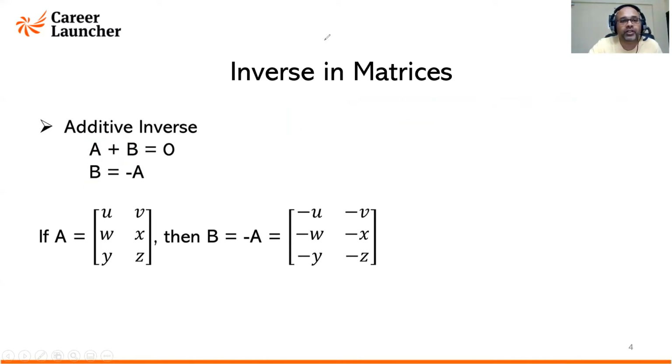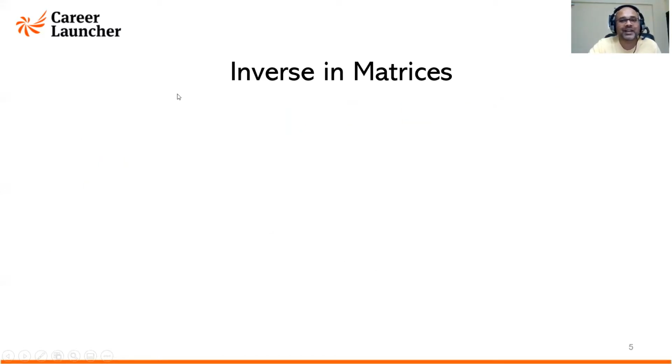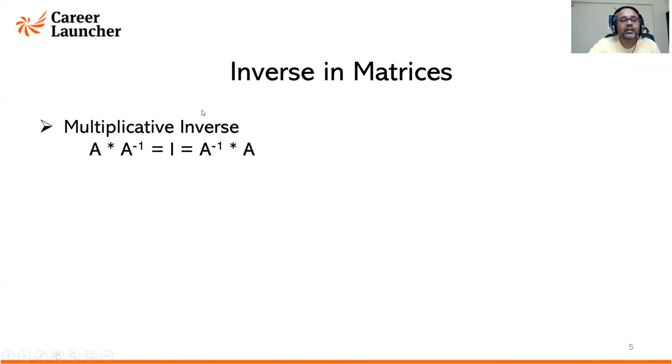The problem, or the story, starts from multiplicative inverse. So first, for a multiplicative inverse, the first thing you need to understand is how A inverse is described. If A is a given matrix, A inverse is written in this way, A power minus 1.